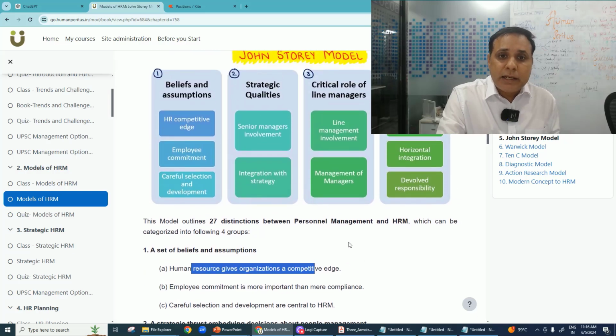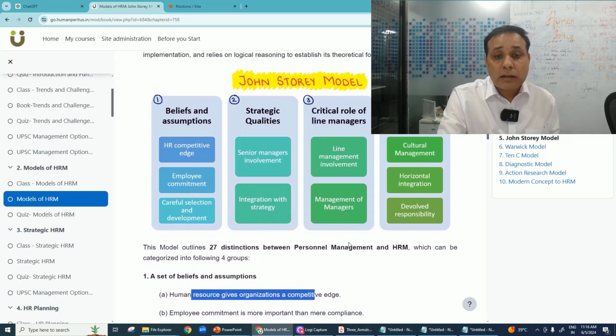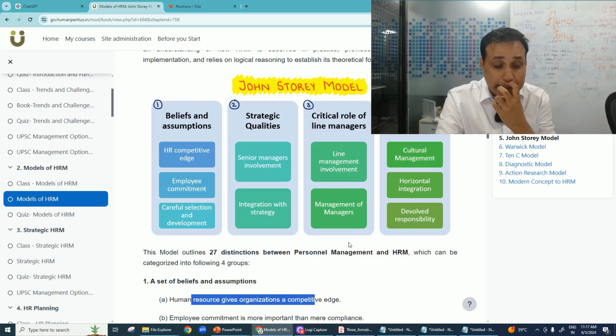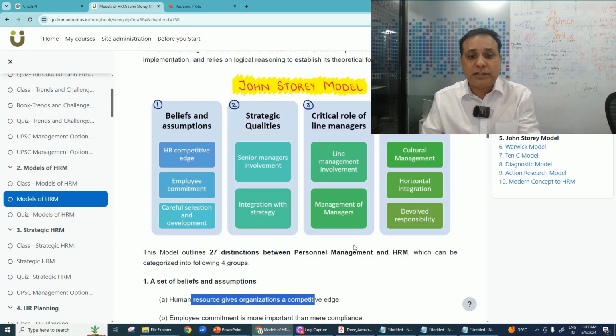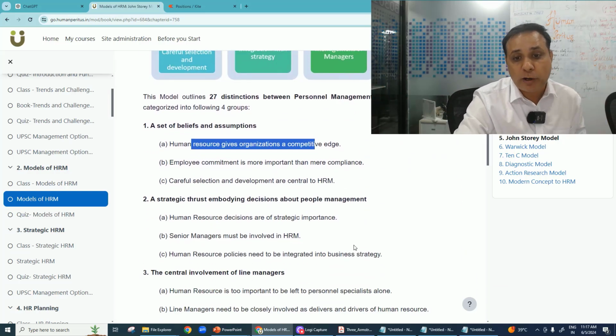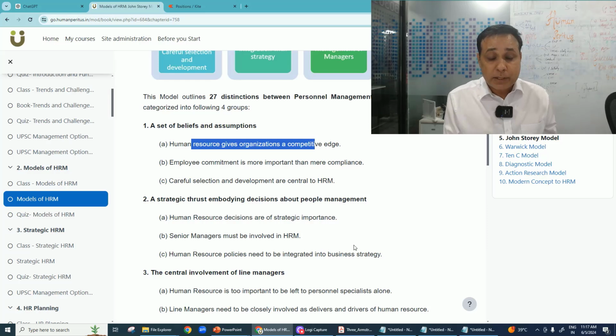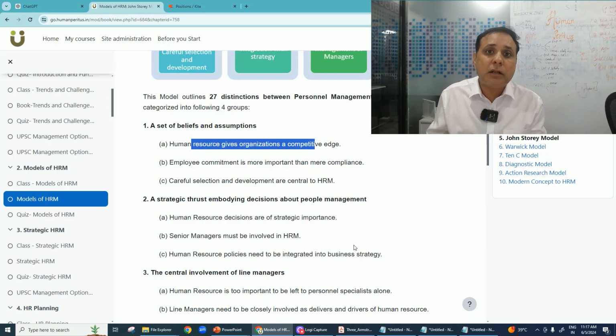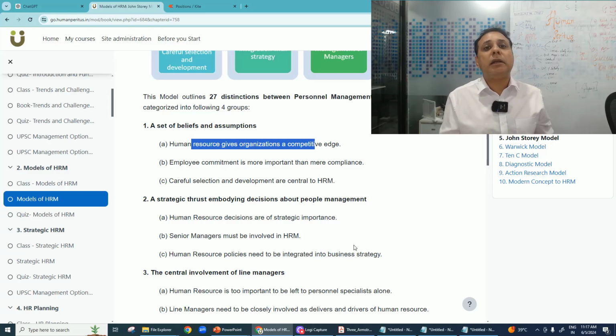The second category in which the 27 distinctions were divided is strategic orientation. What is the meaning of strategic orientation? Whether HRM is just a support function, or it is strategically important to the organization. For example, you make a new plan, maybe you want to set up an industry in 10 different cities.